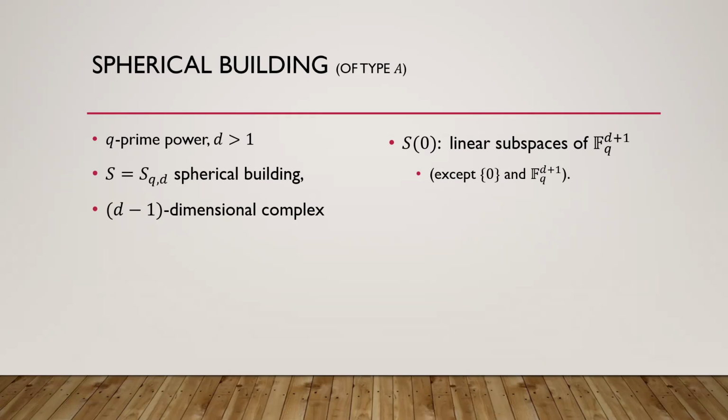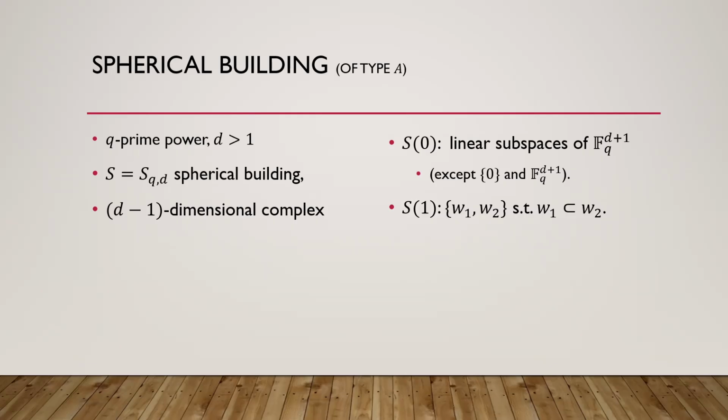Let's recall that because q is a prime power, we have a unique field of size q. So we look at the vector space F_q to the d plus 1, and for every linear subspace in it, we just put a vertex in our complex. Except, of course, the whole space and the zero space; we don't put vertices for those.